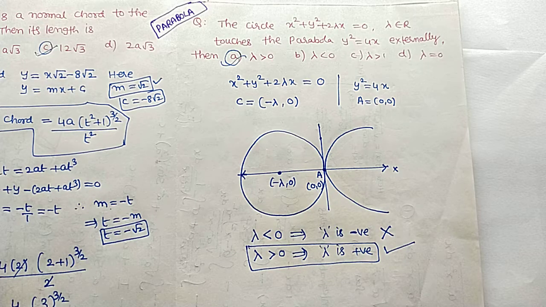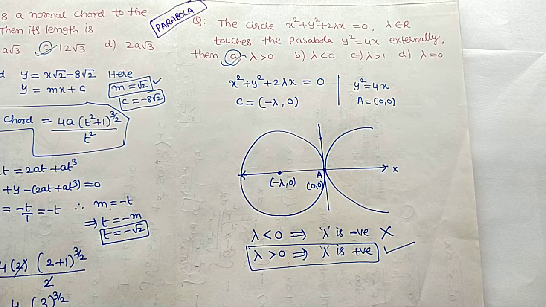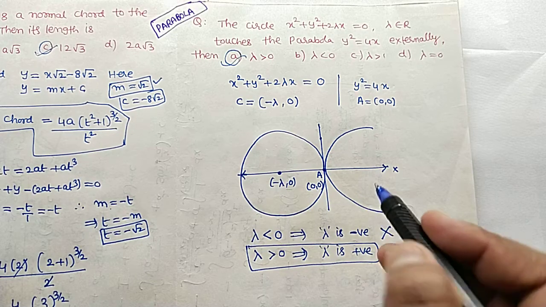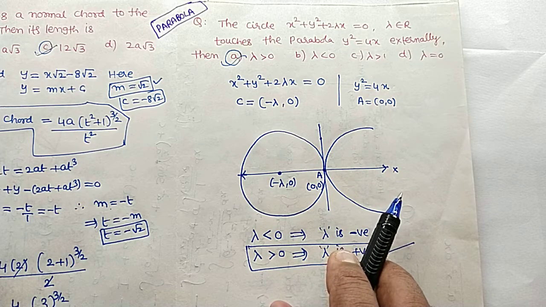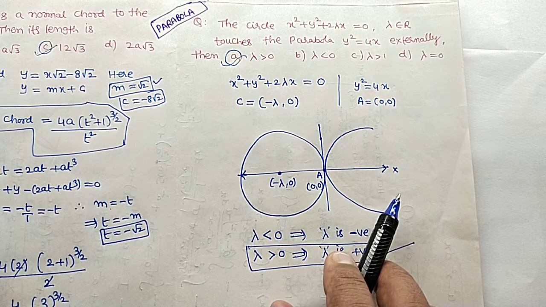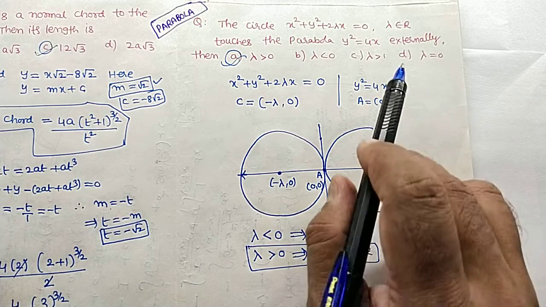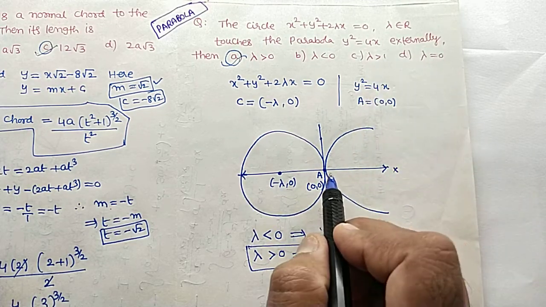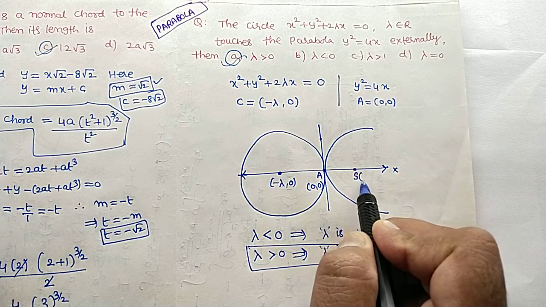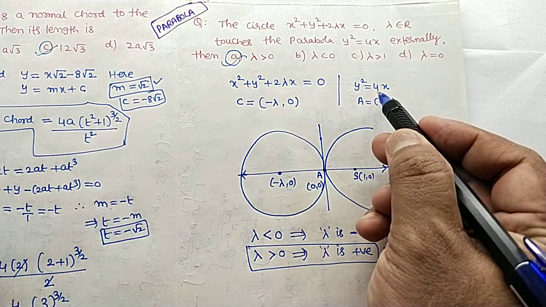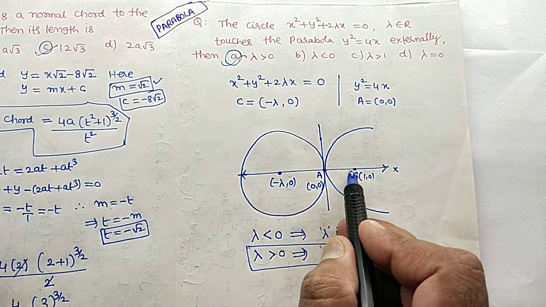Why not lambda greater than 1? That question will also arise. Because for the parabola the focus is 1 comma 0, 4a equal to 4, a equal to 1, which is at a distance of 1 unit.